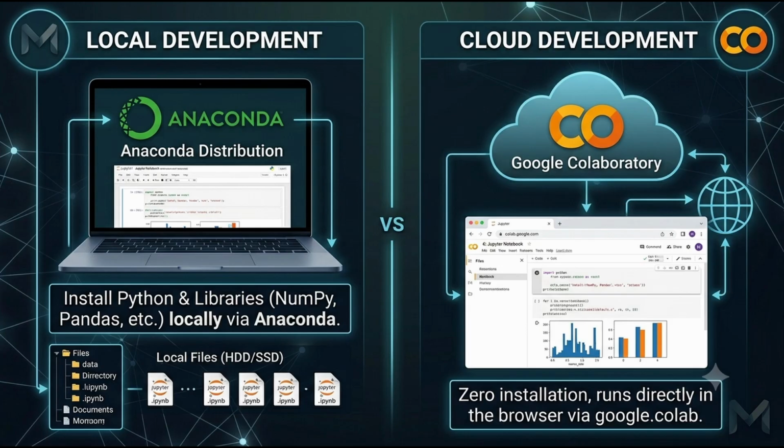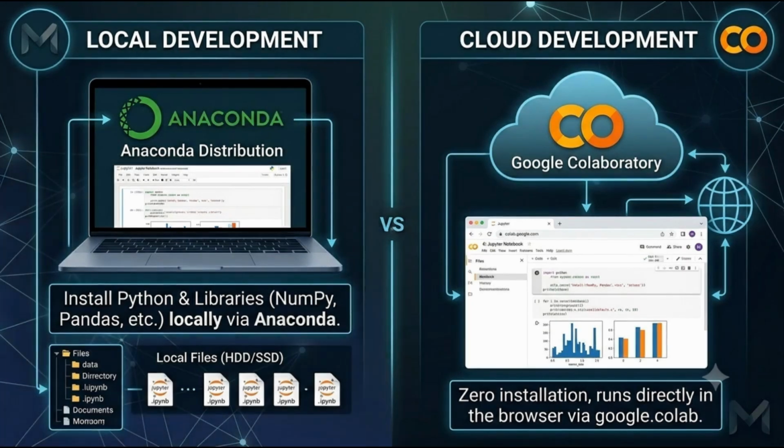It is a completely free distribution that comes with its own command line manager called Conda, a desktop interface called Anaconda Navigator, and over 250 data science packages pre-configured to work together flawlessly right out of the box. It strips away the headache of software compatibility, so you can start coding instantly.